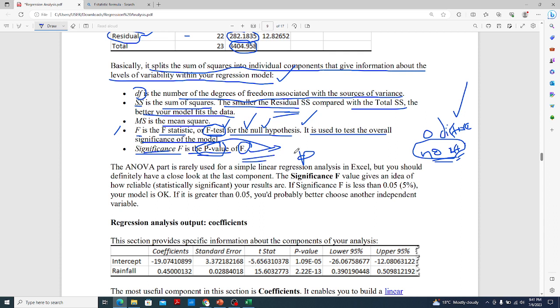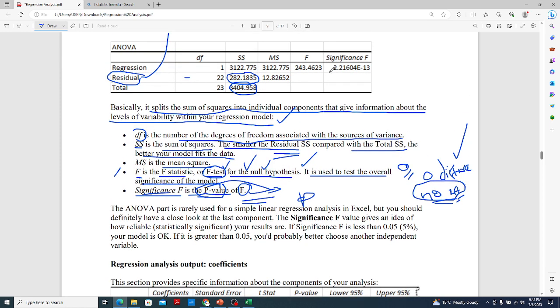It tries to measure the likelihood of the value which we've gotten. The assumption is that the value we get for significance F will differ from the standard probability which is always set.